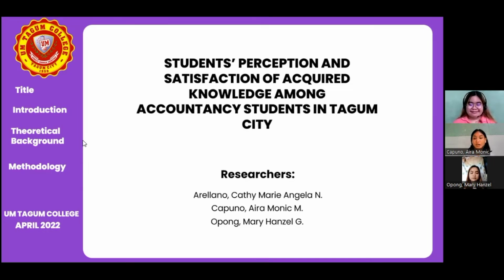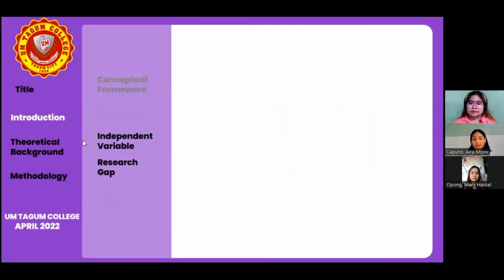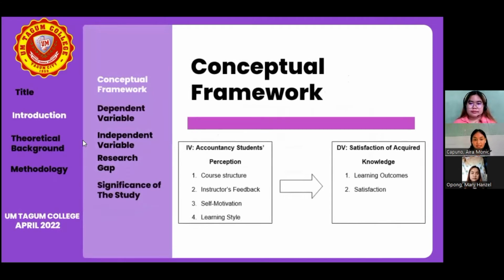To start with our outline proposal, let me present our quantitative study entitled Students' Perception and Satisfaction of Acquired Knowledge Among Accountancy Students in Tagum City. Our conceptual framework shows the correlation between the dependent and independent variables along with their indicators. Accountancy students' perception is our independent variable.